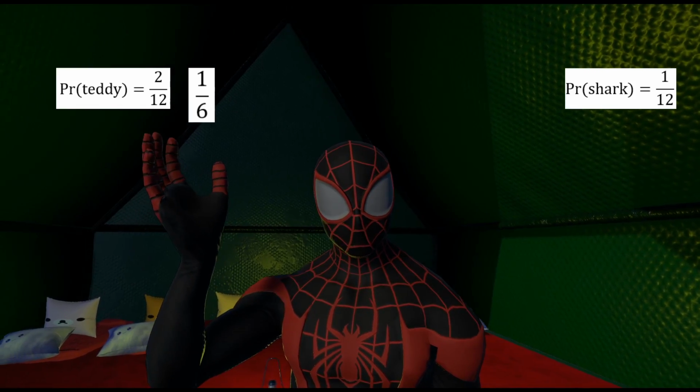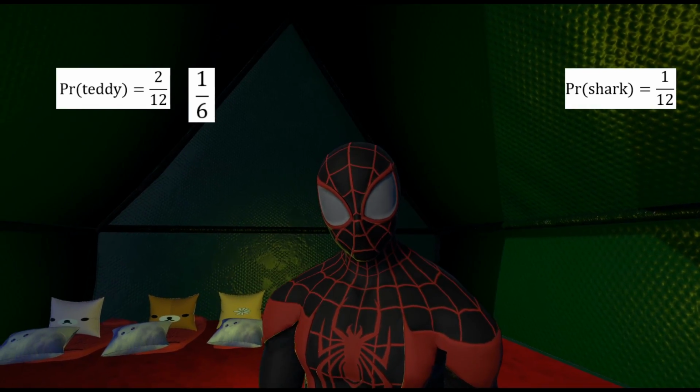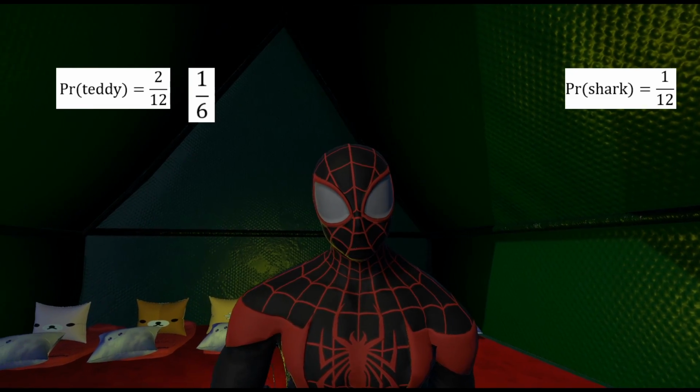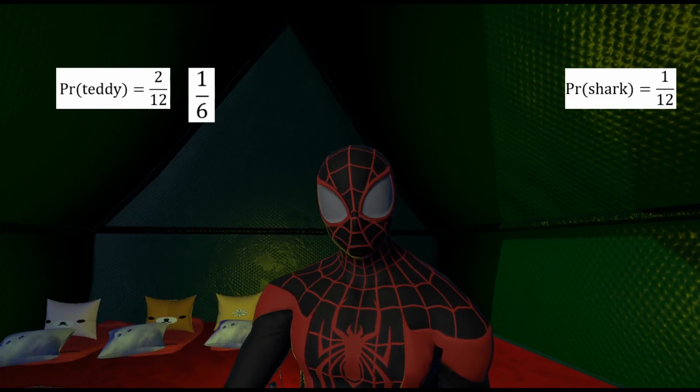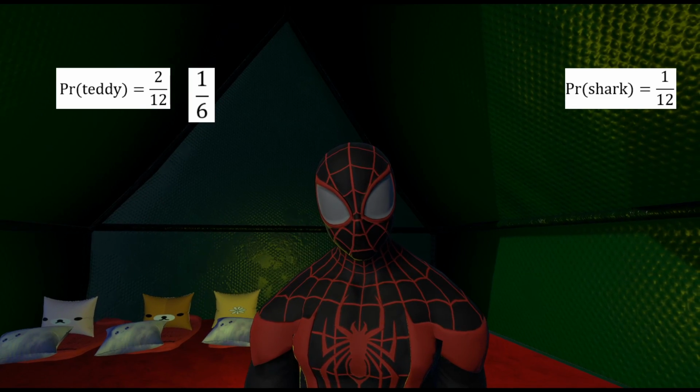So we can see that 2 fits into 2 one time, and 2 fits into 12 6 times, so we can write it as 1 on 6.